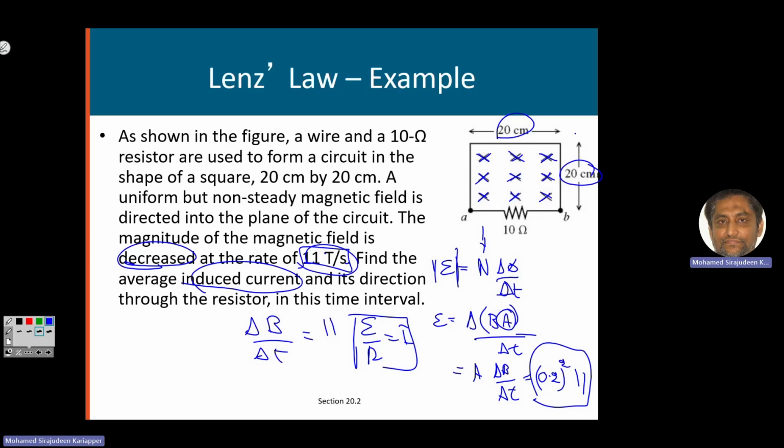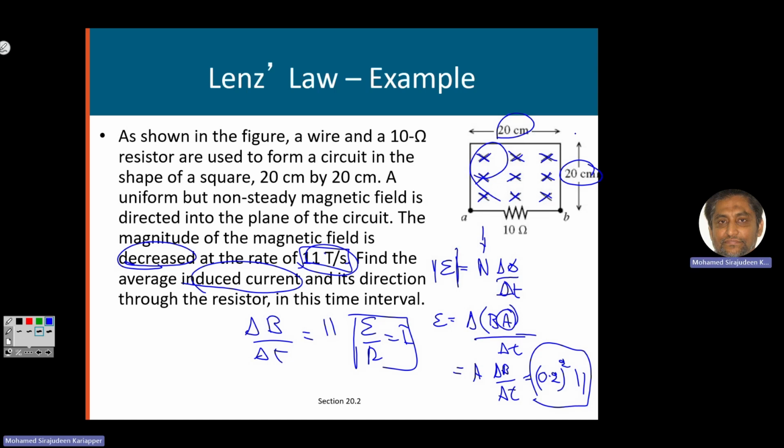You don't look at that magnetic field. That is my original magnetic field, not the induced magnetic field. So you are jumping to looking at this one. You have to first find out what is the direction of the induced magnetic field.